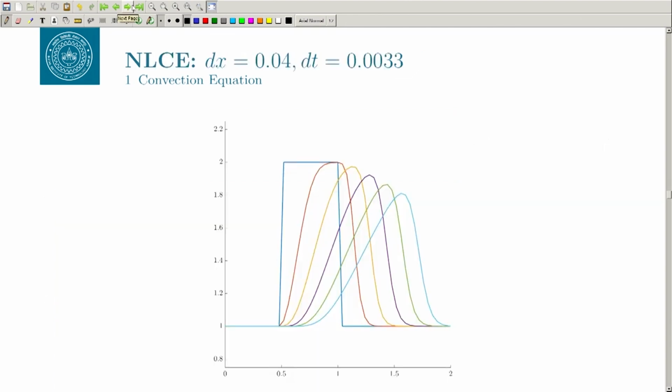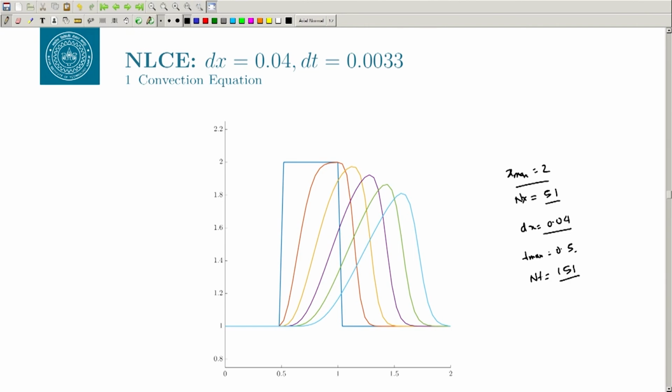Once you solve it, it is a very coarse grid. Your x max is still 2 and nx is equal to 51. That gives you dx equal to 0.04, and your t max is 0.5 and nt, if I am not wrong, is around 151.